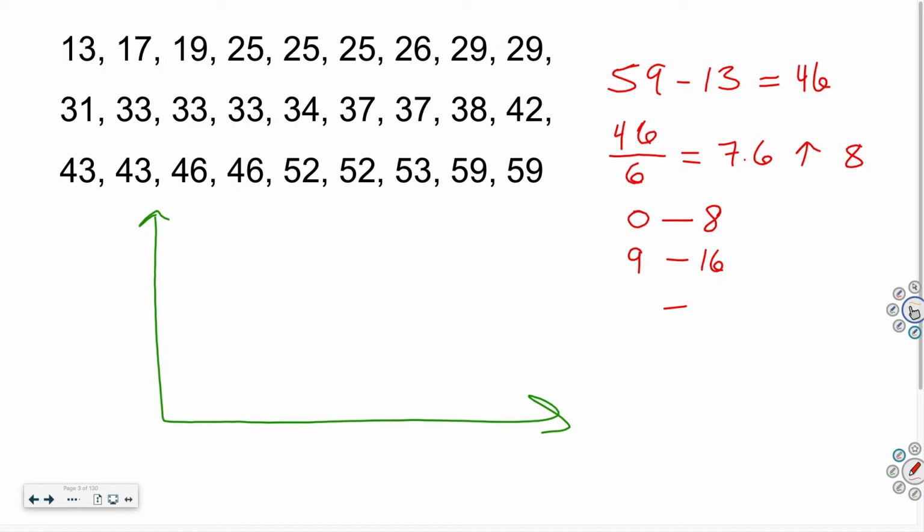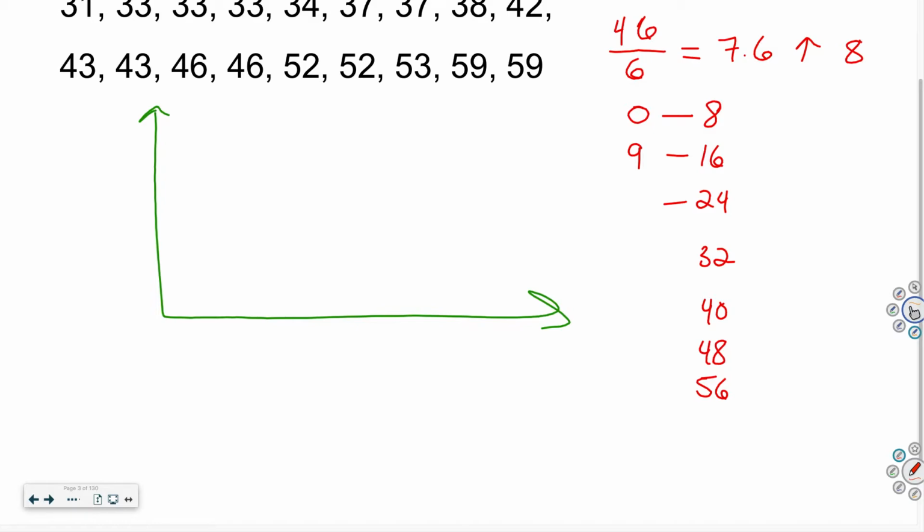After 16 is 24, 32, 40, 48, and I don't know. Oh, we don't need the first interval. We'll talk about that in a second. And then 48, 56, and poor spacing, but I'll move it up.